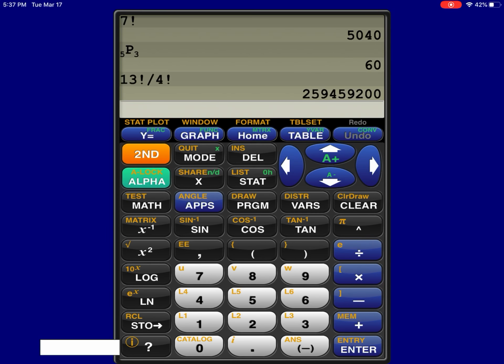Whoa, look at all that. That is a big number. 259 million. Wow, that's a lot of batting orders. Okay. So I'm going to have to do that on my calculators because I can't remember that number. 13 divided by 4.